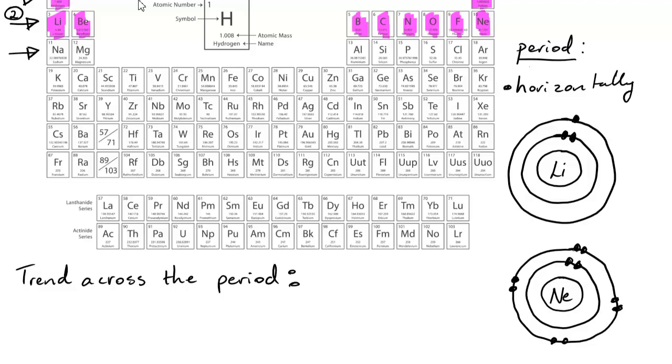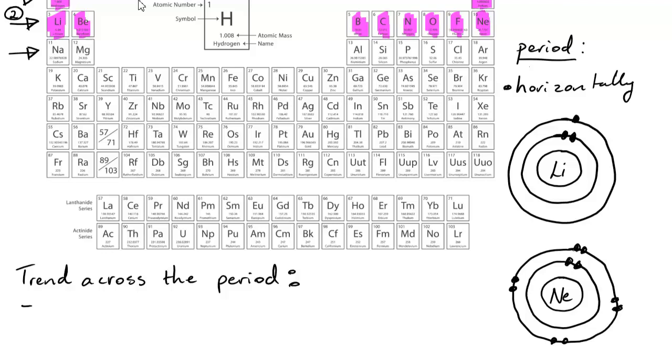So when you move across the period from where lithium was, to where neon is, you'll see that that actually fills in more electrons into the atom.